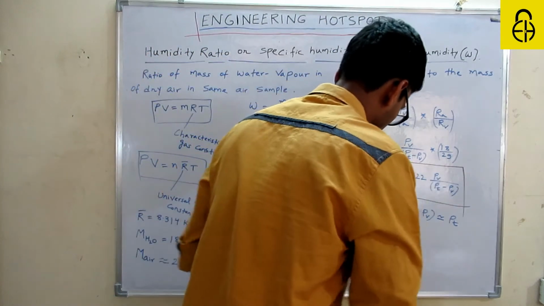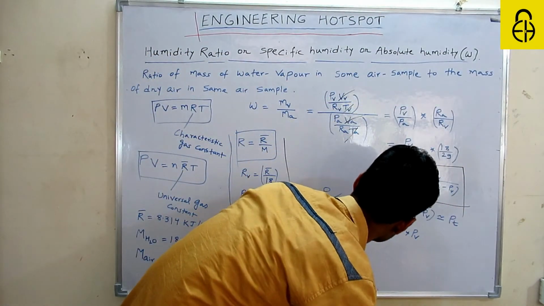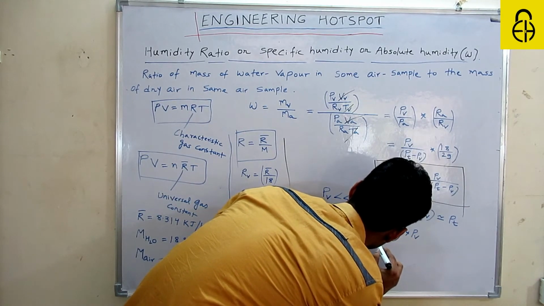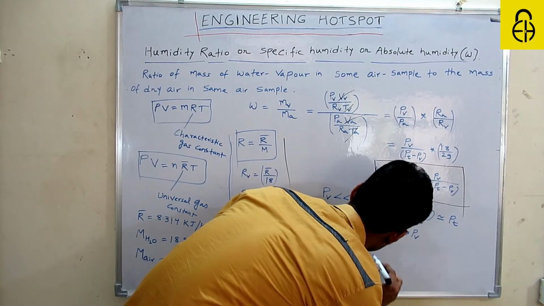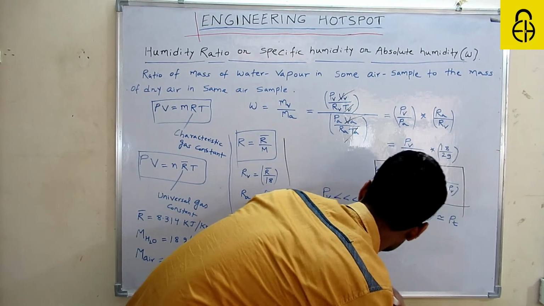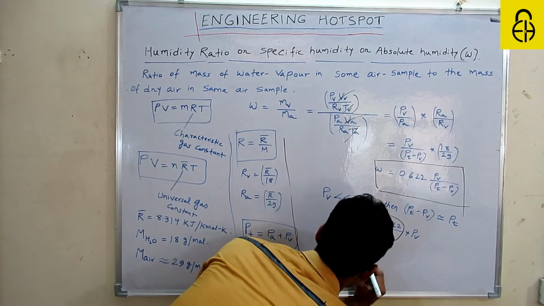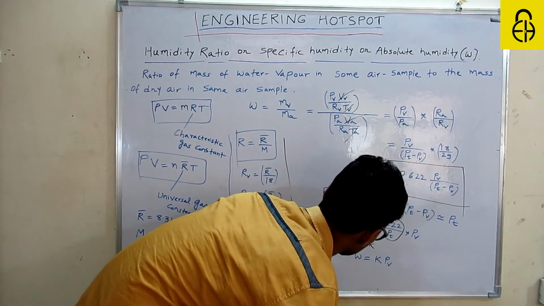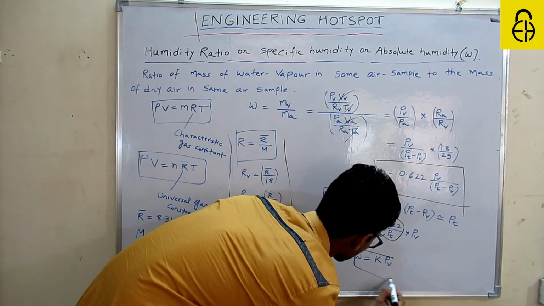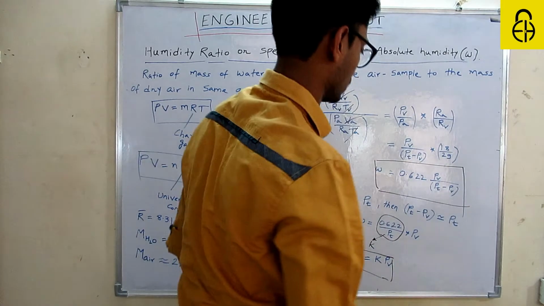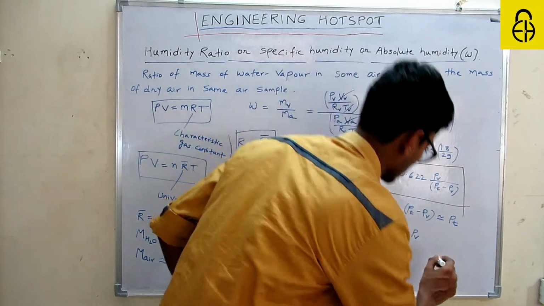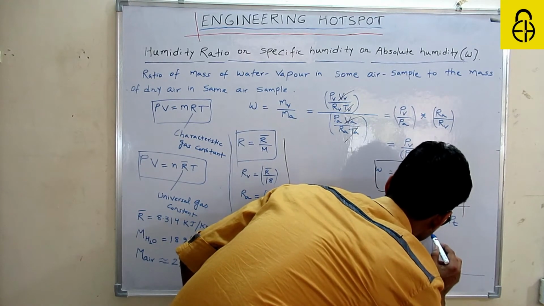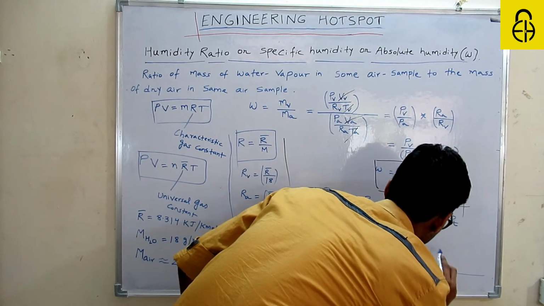So I am replacing this part as a constant, name it some constant K. Then omega will be K into PV. So here you can see that omega becomes a linear function of PV. So you can draw one graph also. It may be asked in some exam, I think it has been asked in some exam.